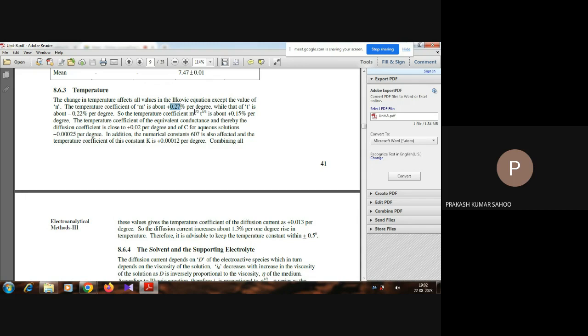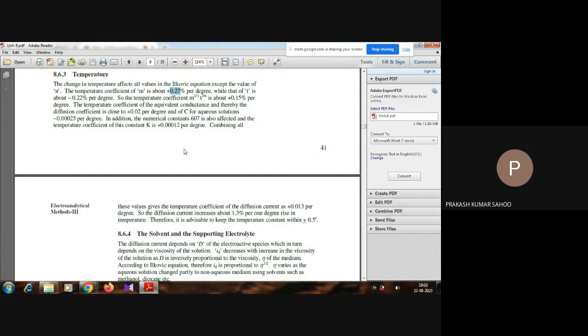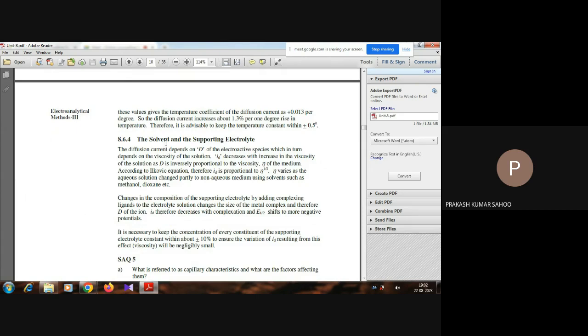So the temperature coefficient of m to the 2/3, t to the power 1/6 is about 0.5%. Next is the solvent and the supporting electrolyte. The diffusion current decreases with increasing viscosity of the solution, as D is inversely proportional to the viscosity η of the medium.